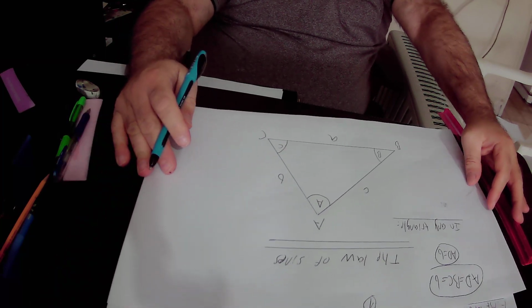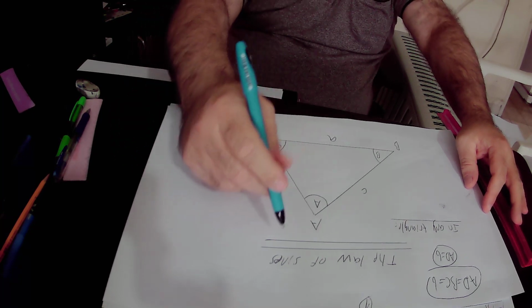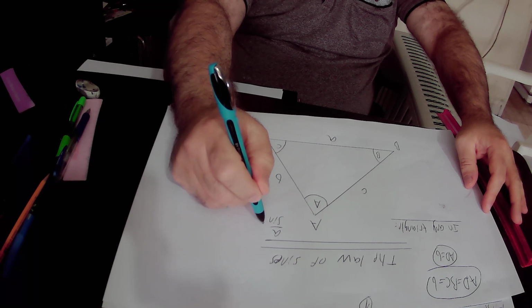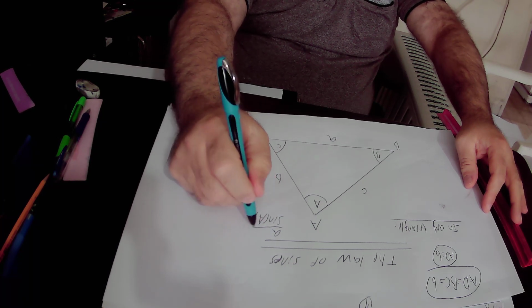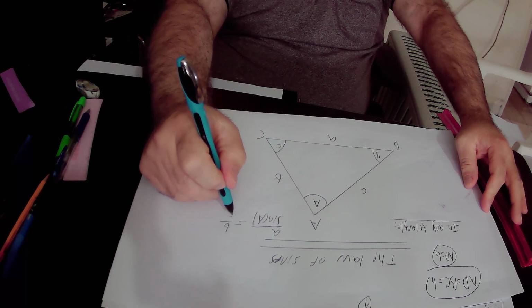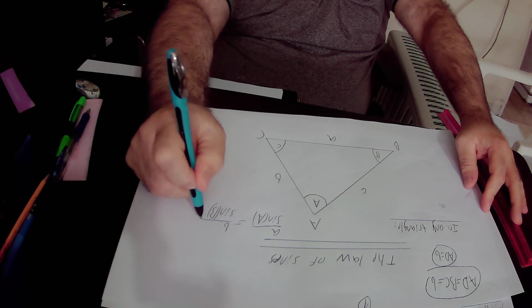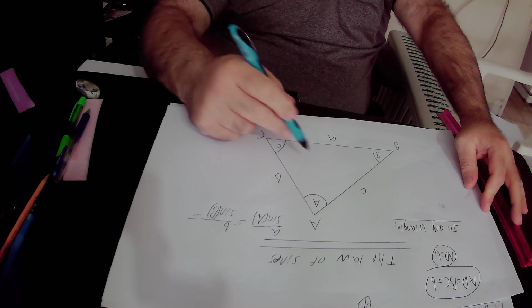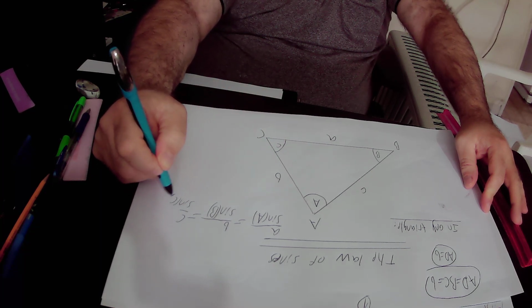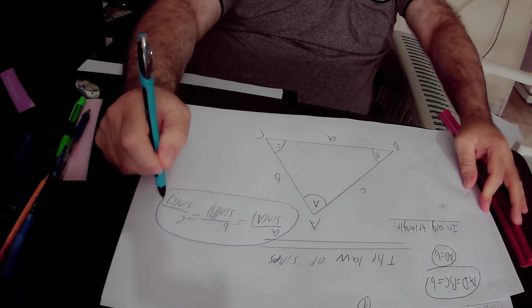According to the law of sines, A over sine A equals B over sine B equals C over sine C. This formula is true in any triangle.